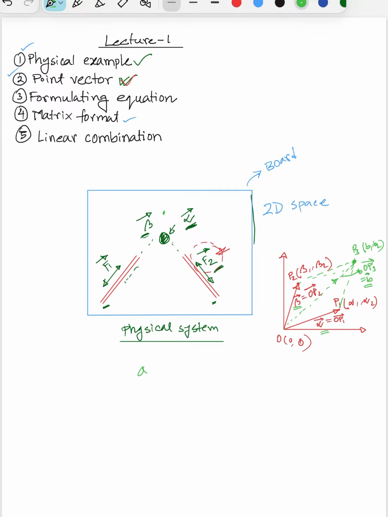So alpha plus beta equals B. So this is our equation.